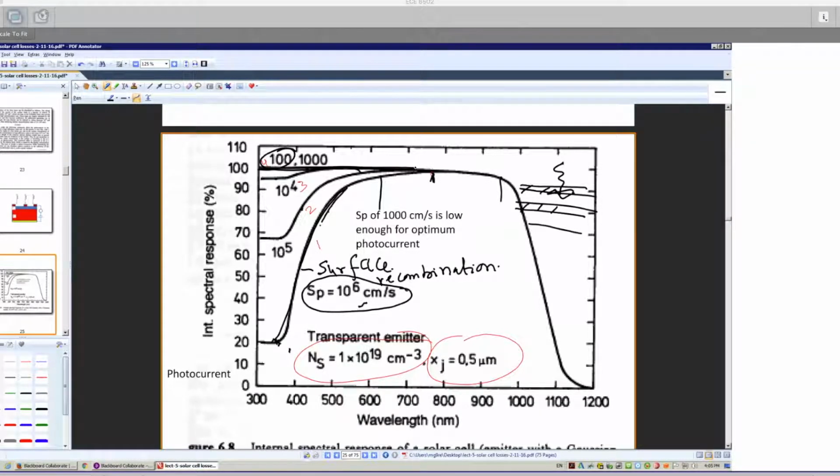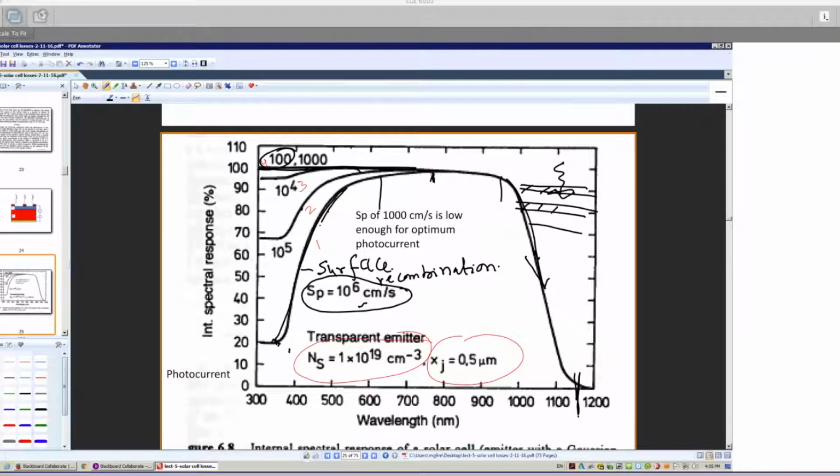Any question? Why does this go down now? That's not the band gap, you are still within the band gap; the band gap will be somewhere here. Why does this go down? How many surfaces do you have?